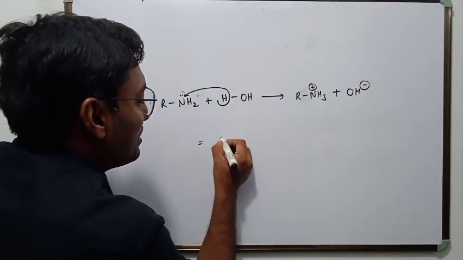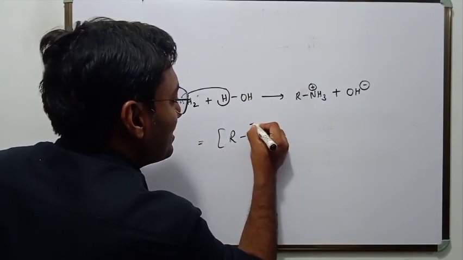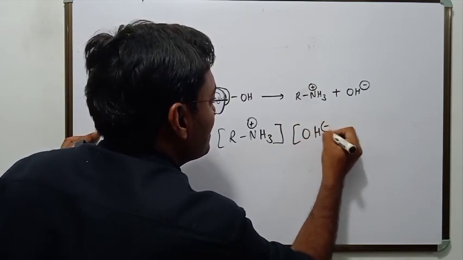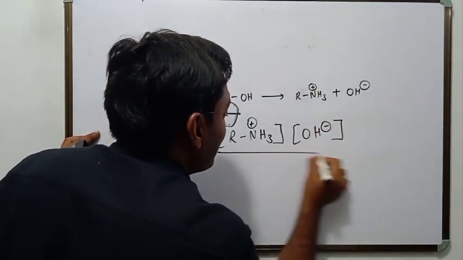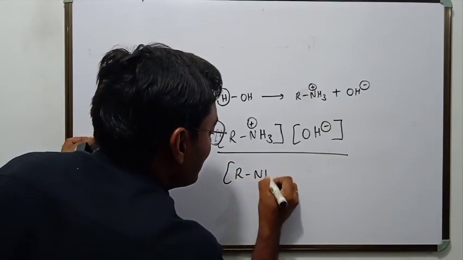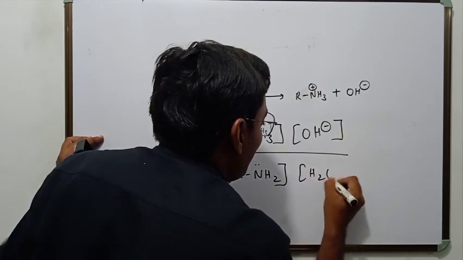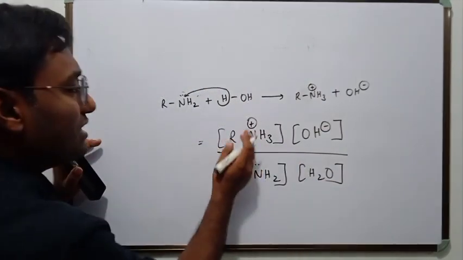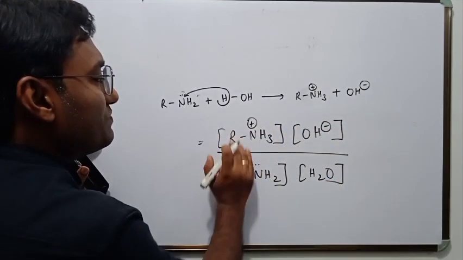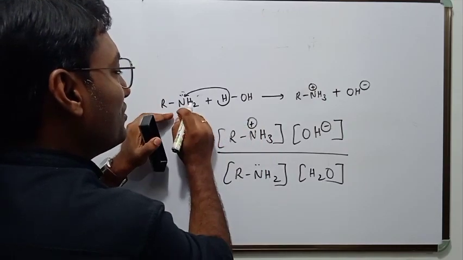So the equation would be like this: the dissociation products and how much was used, the reactants. Now this is a constant value, because it depends upon the nature of the amine.